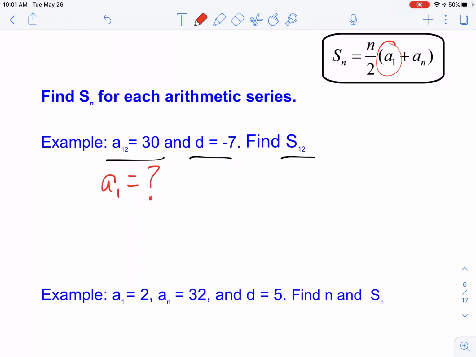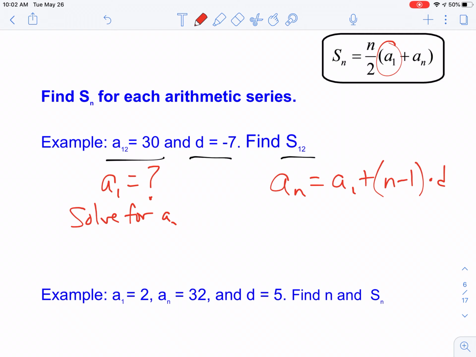So there was another formula that we need to use, the formula from lesson 5.1. Remember that formula? That had d, right? And a1 and n. So we need to get a1 first. Solve for a1 first using the other formula.